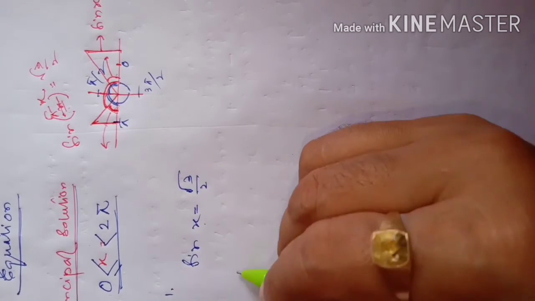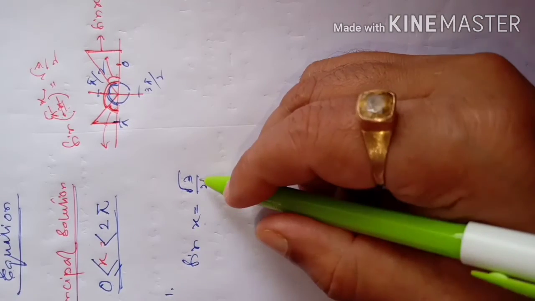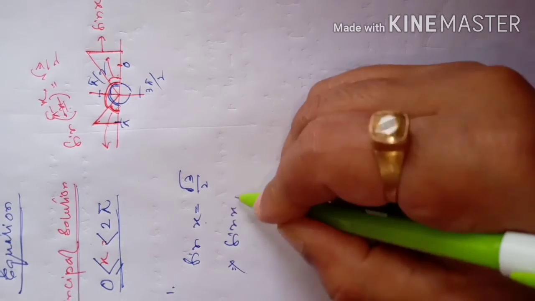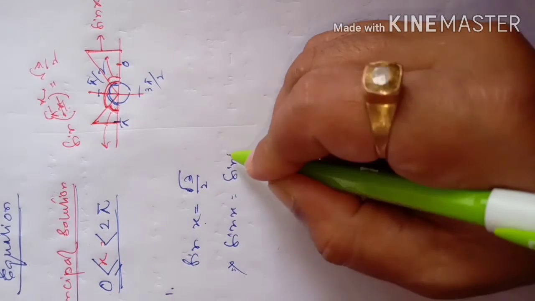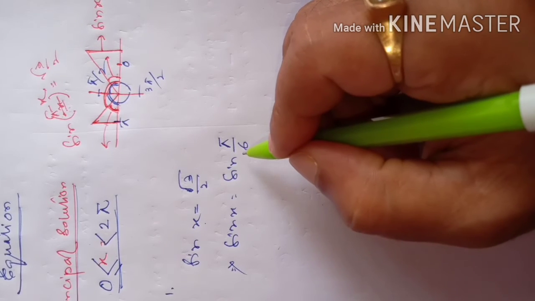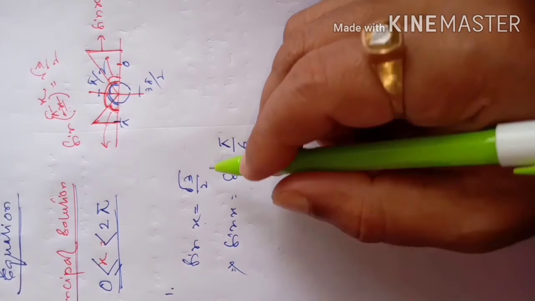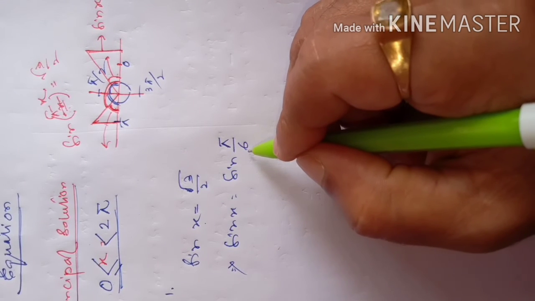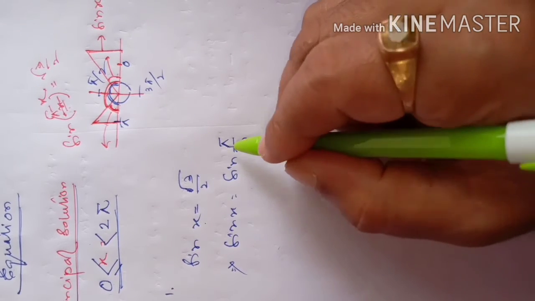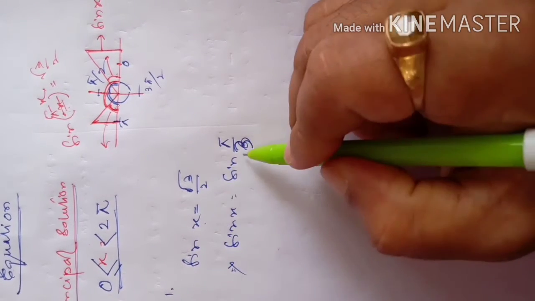So we say sin x equal to root 3 by 2. This root 3 by 2 can be given by sin pi by 3, because pi by 3 means 60 degrees, and sin 60 is root 3 by 2.